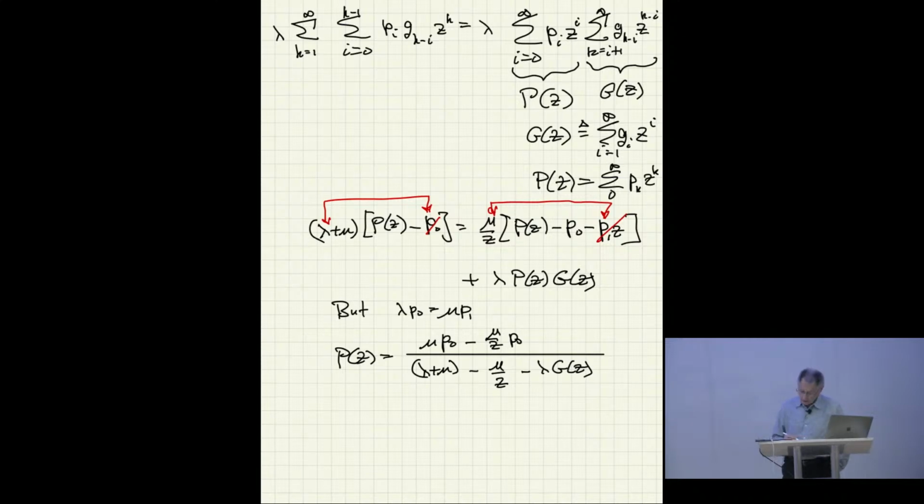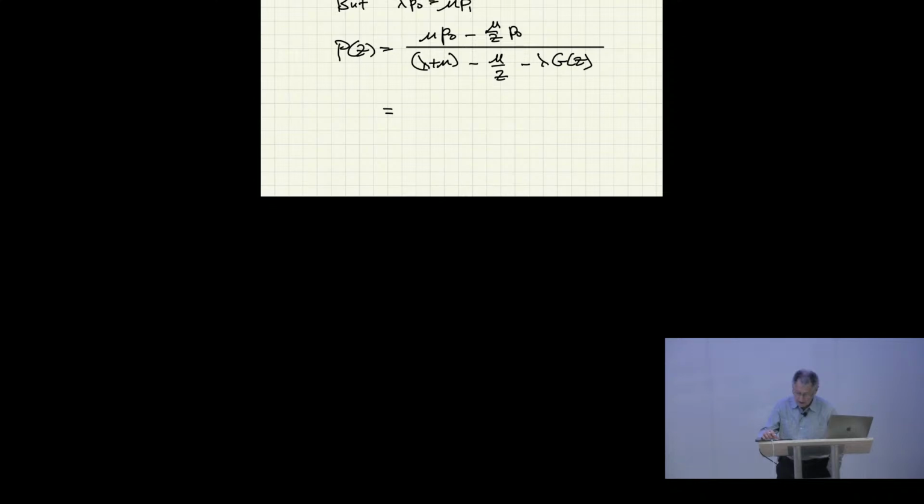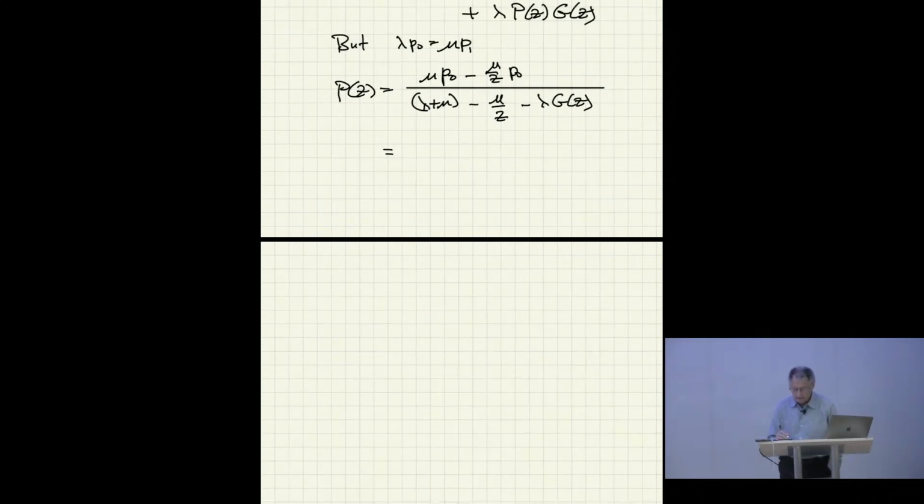Okay. Now let's do a little bit of factoring. What wants to be factored here? Clearly, 1 minus z is all over the place. So let's multiply everything by minus z, and I'll get the following.